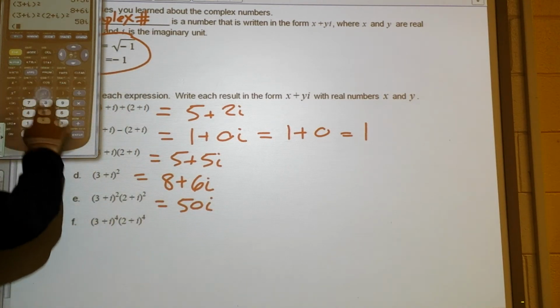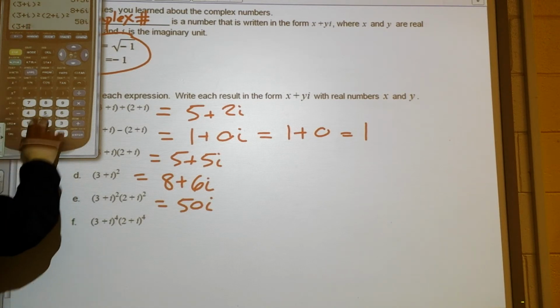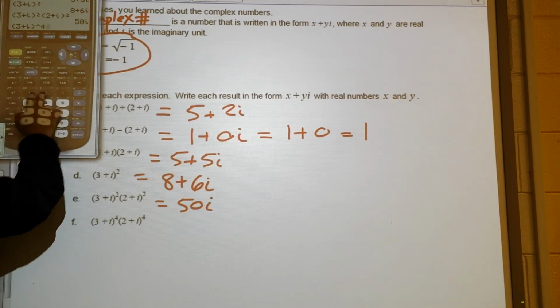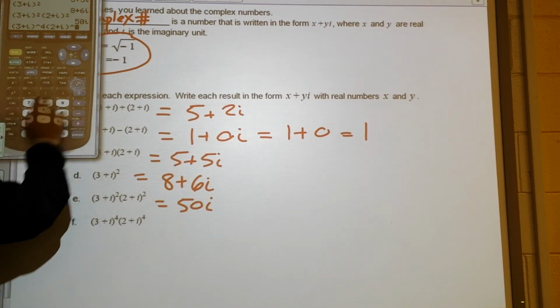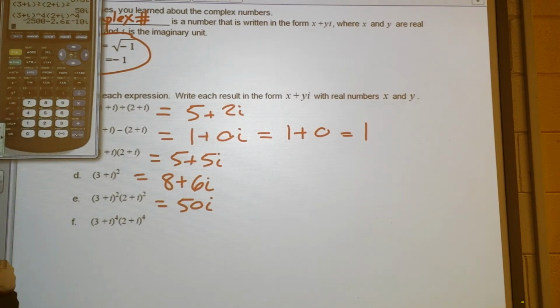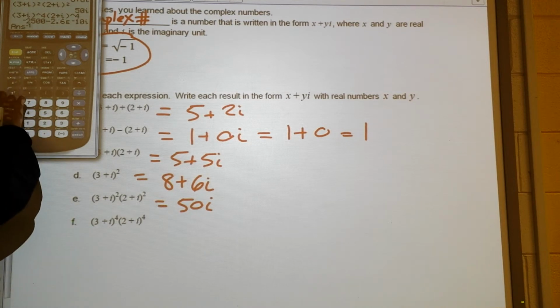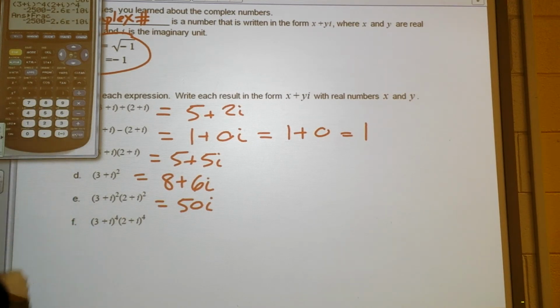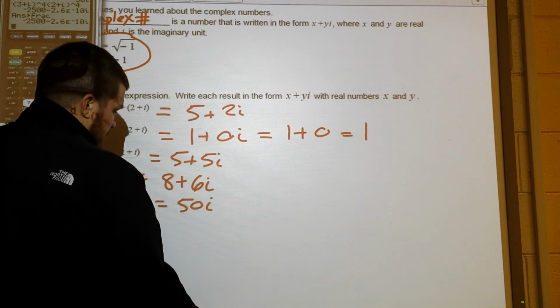Next problem, I have 3 plus i to the 4th power, parentheses, 2 plus i to the 4th power. Okay, now I get a really, really small number. So this right here, you should have negative 2,500.